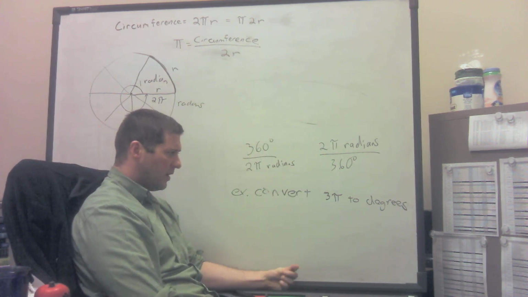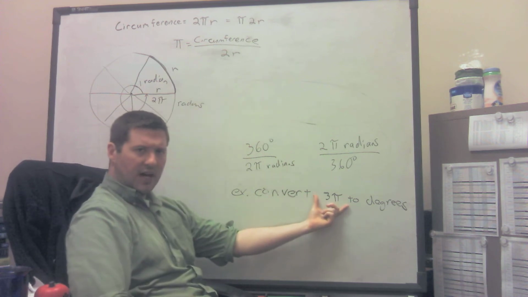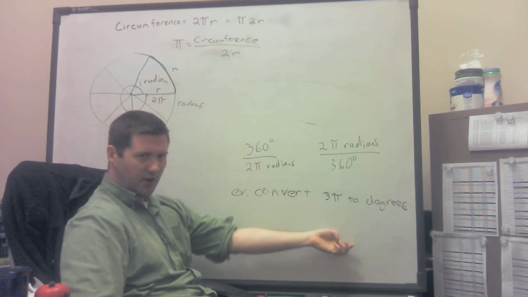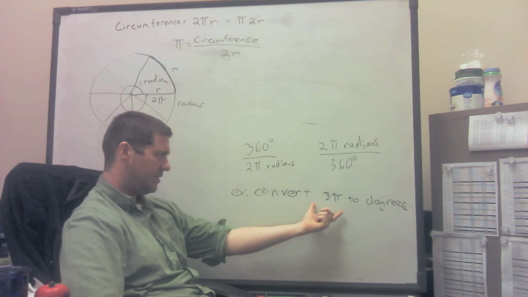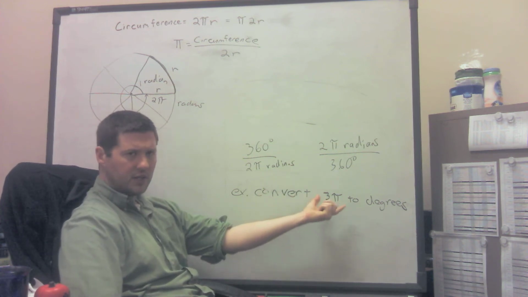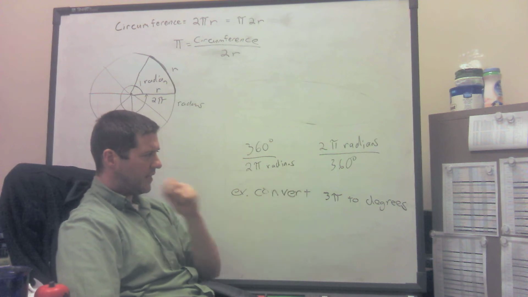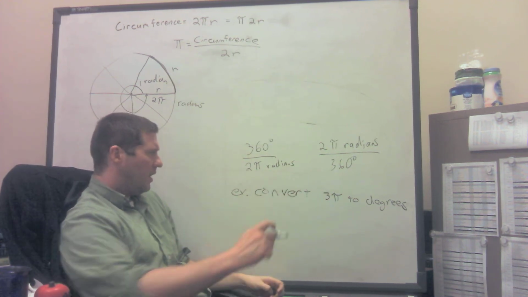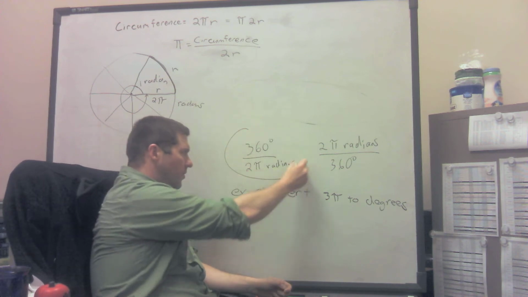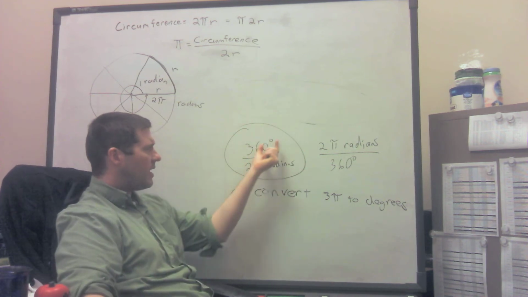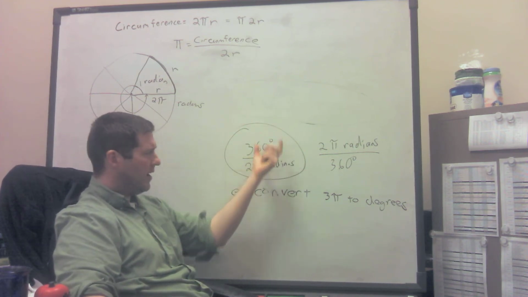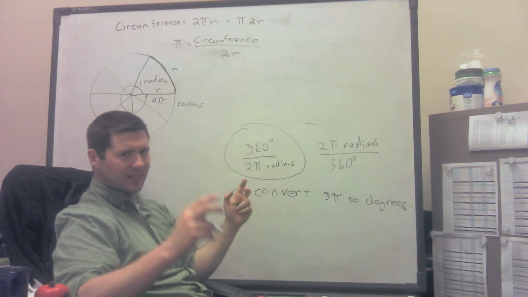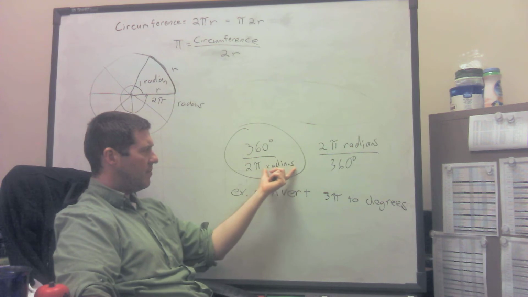I didn't specify that this was in radians, but since we want to convert to degrees, it's kind of assumed that this is in radians. Which one of these do I want to use? Well, I want to use this ratio, because when I do that, I'll be left with degrees in the numerator, and my radians, even though I didn't write it, even though it's not technically a unit, would cancel out.